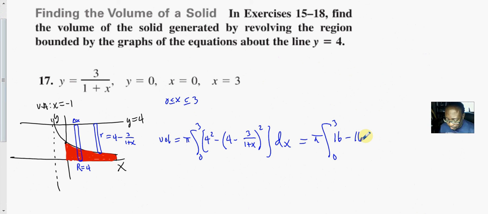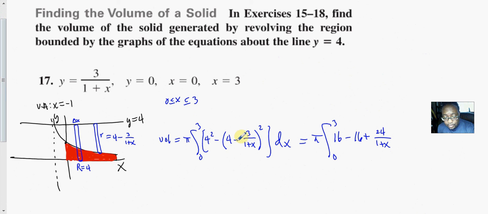16. I hope you're not hearing those sound effects. But anyway, this is 14 minus 24 over 1 plus x. It's going to be minus that minus, so it's going to be plus 24 over 1 plus x.